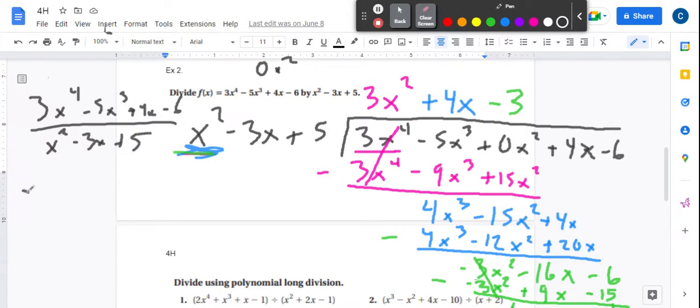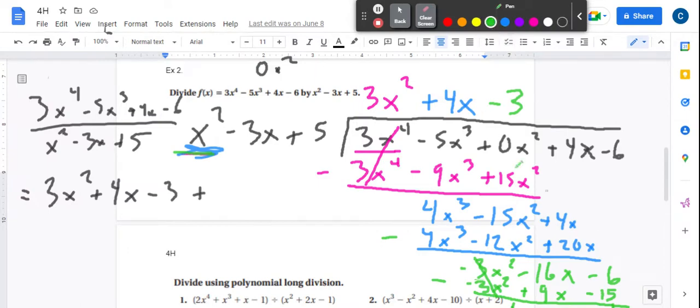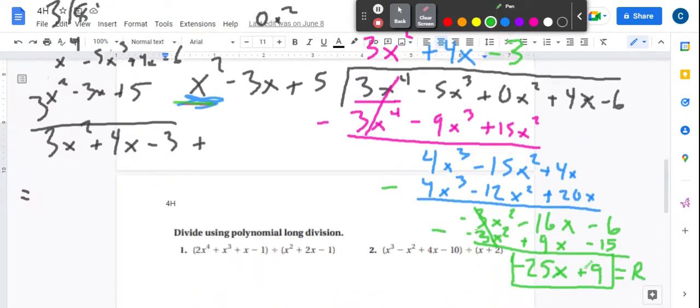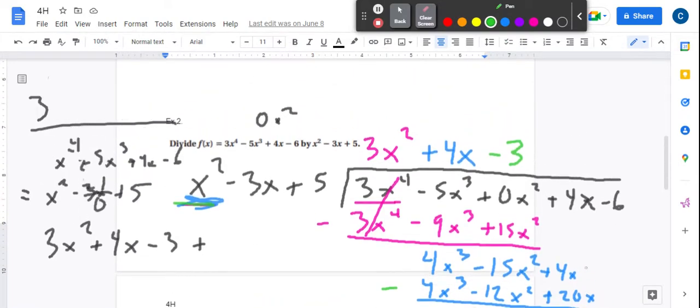What it's going to equal is what we have on the top: 3x squared plus 4x minus 3 plus our remainder, negative 25x plus 9. Whoops.